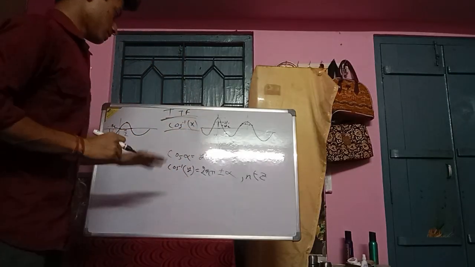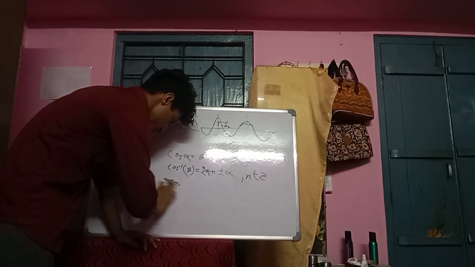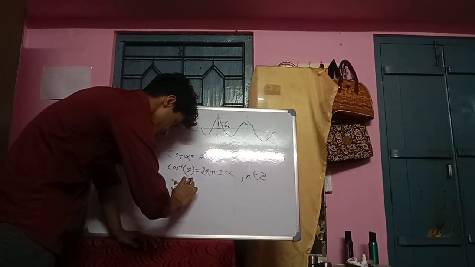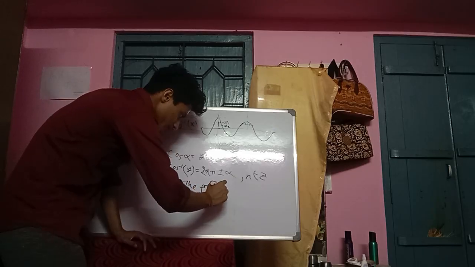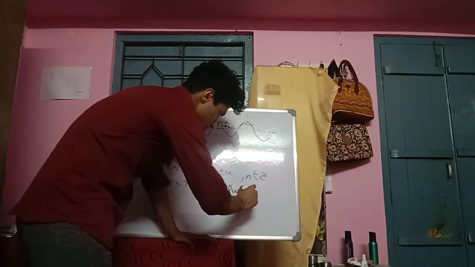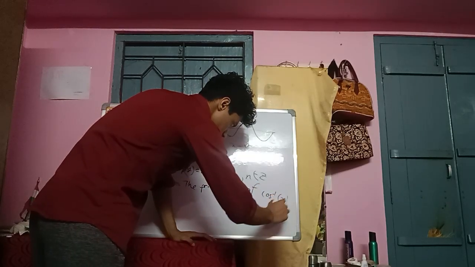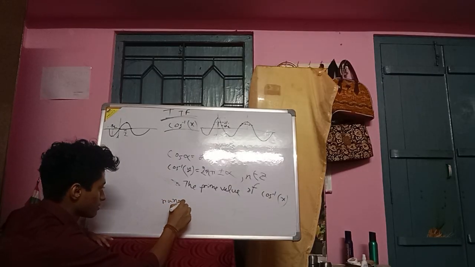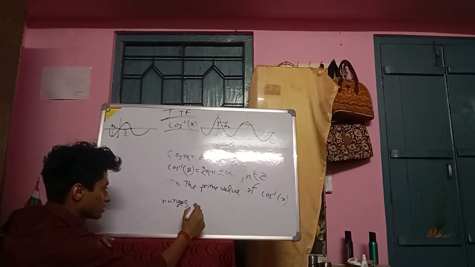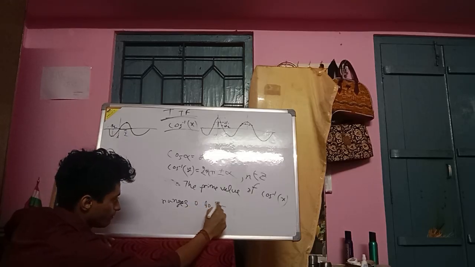That is why the prime value of cos inverse of x ranges from 0 to pi radians.